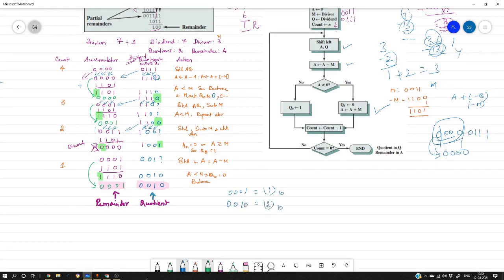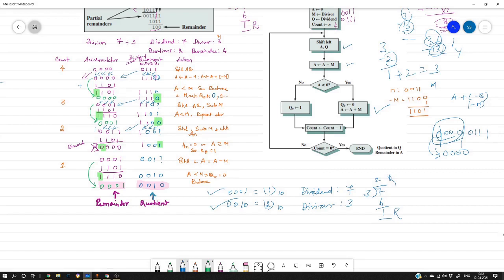The number we have taken, the dividend, is 7 and the divisor was 3. So 7 divided by 3 should get us quotient 2 and remainder 1. So we have got it. I think this is clear.